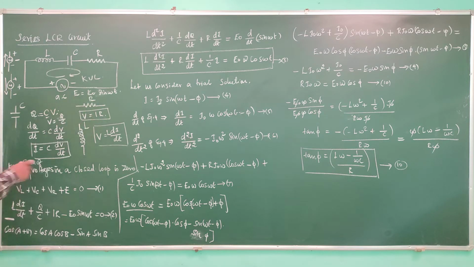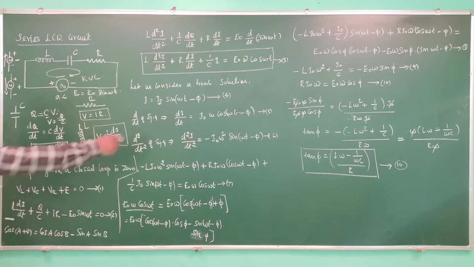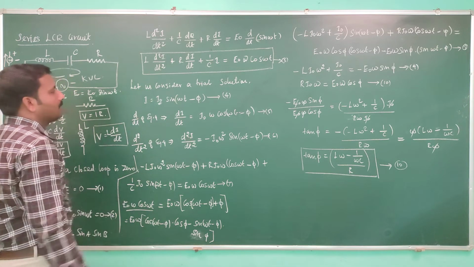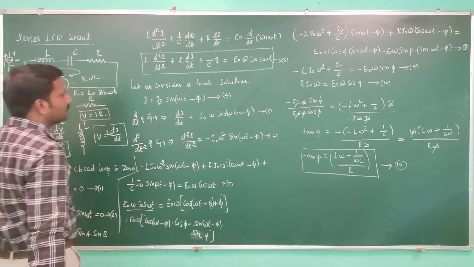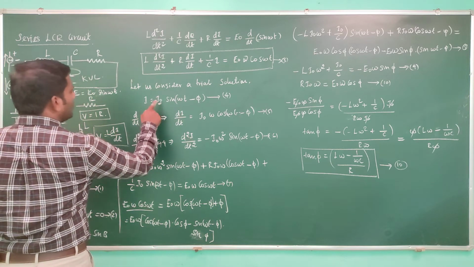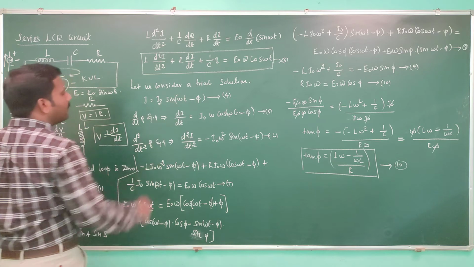And here we have the equations for resistance, capacitor and inductance, and we have applied Kirchhoff's voltage law. We have derived the circuit equations, and we have assumed a trial solution from which we intended to calculate the equation for I naught and phi.